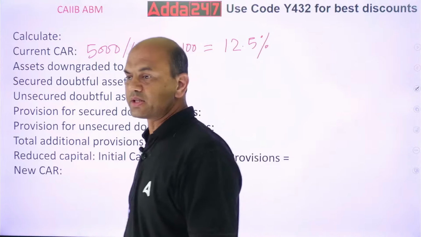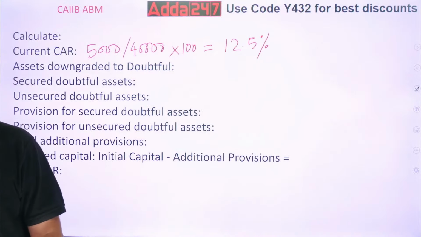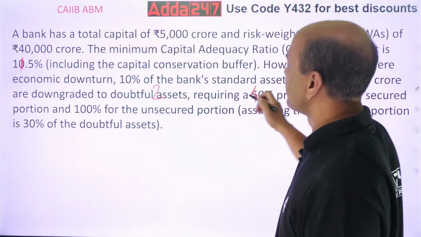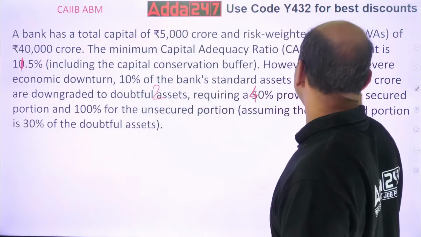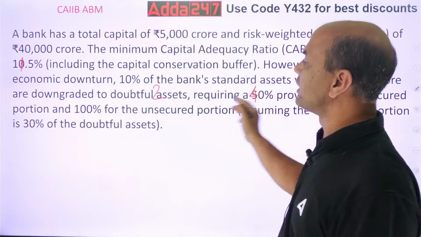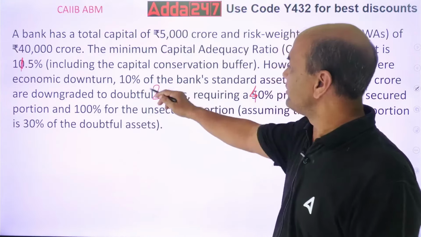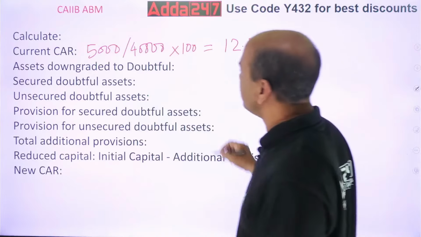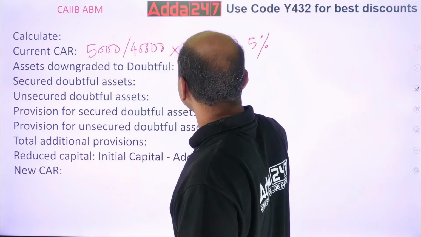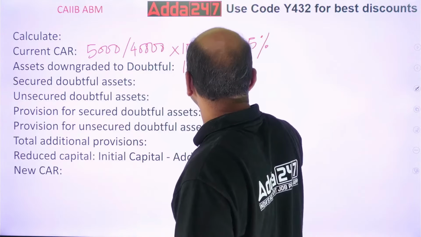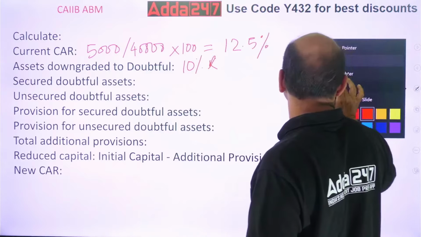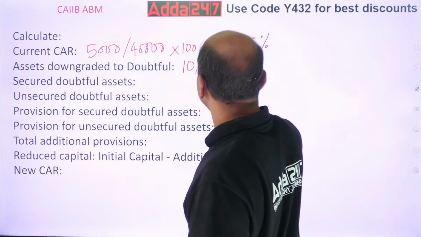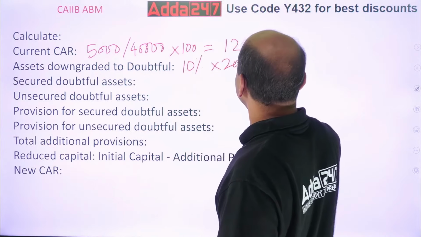Assets downgraded to doubtful. What are the assets which are downgraded to doubtful? What is given? Due to some severe condition, 10% of the bank's standard assets worth 20,000 crore were downgraded to doubtful 2.